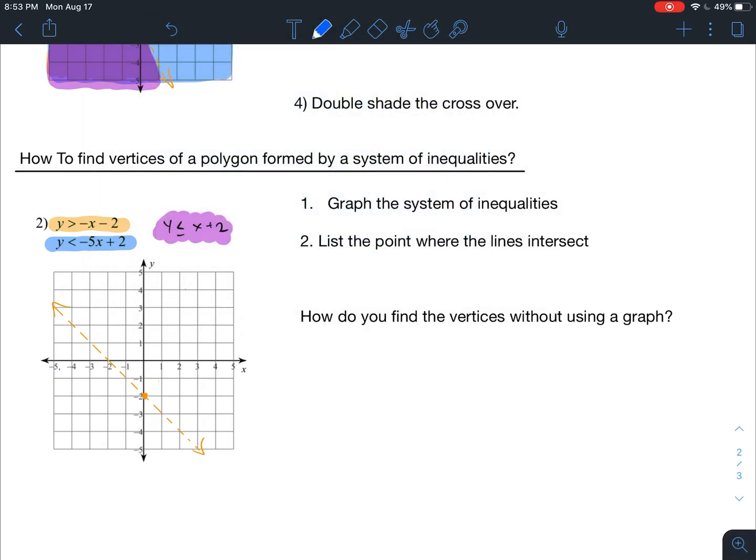Let's go to our blue line now. We're going to shade below, and it's not equal to, so we're going to have a dashed line. So let's go ahead and add that in. That one's at 2 with a slope of negative 5x, so down 5 and over 1.